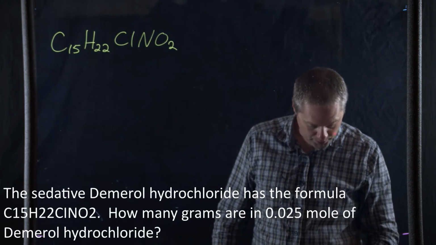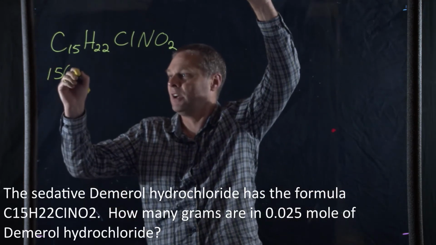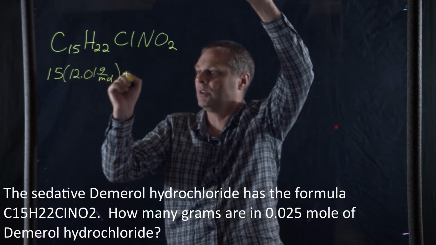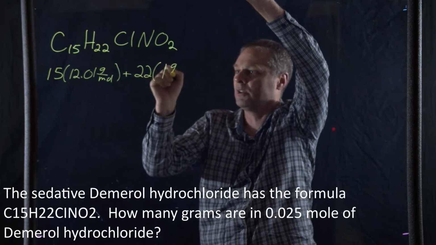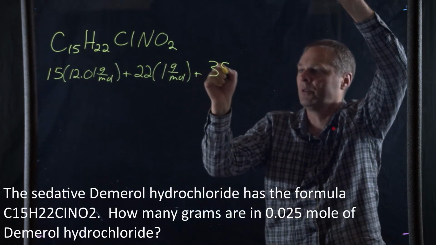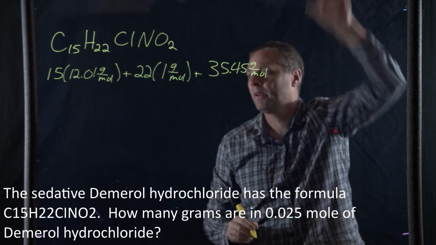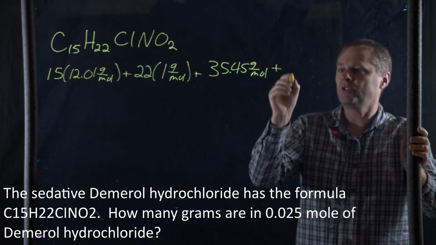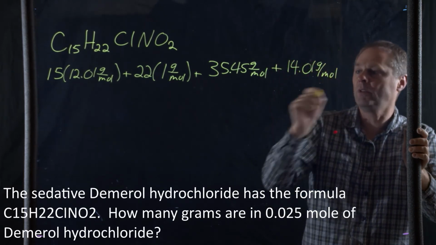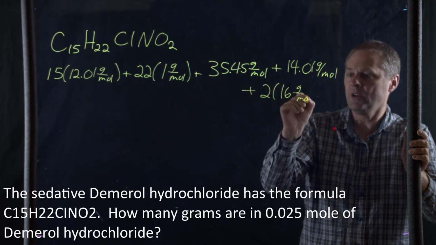And if we want to come up with the formula mass for this, this is going to be 15 times 12.01 grams per mole plus 22 times 1 gram per mole plus chlorine is going to be 35.45 grams per mole, plus the nitrogen, which is 14.01 grams per mole, plus 2 times 16 grams per mole.